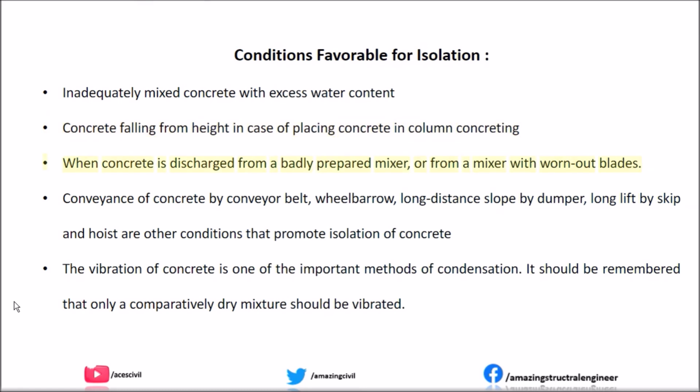When concrete is discharged from an inadequately prepared mixer, or from a mixer with worn-out blades. Conveyance of concrete by conveyor belt, wheelbarrow, long-distance slope by dumper, and long lift by skip and hoist are other conditions that promote segregation of concrete.